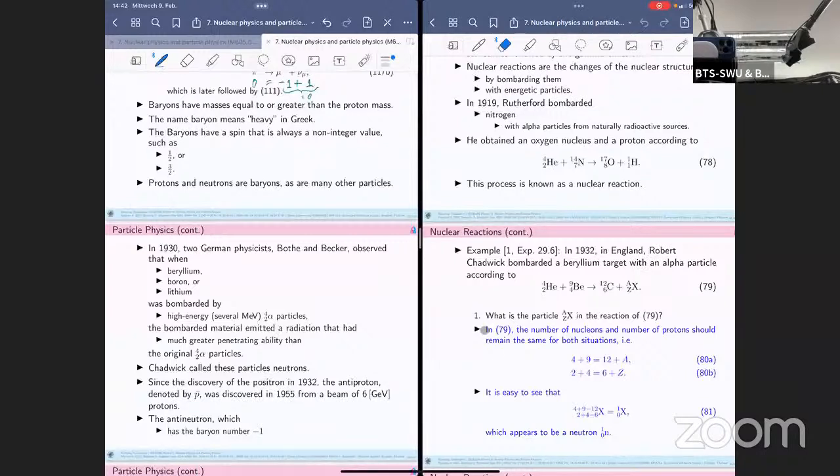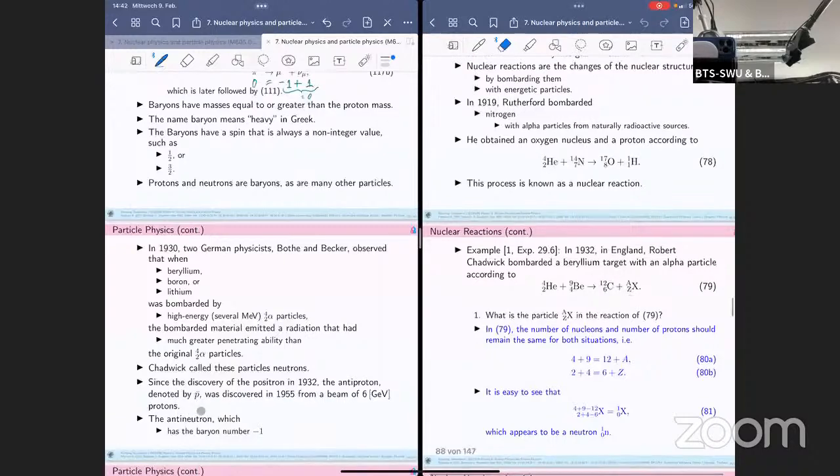And in the same year, he inserted the alpha particle into the beryllium nucleus, and after that he got carbon 12 and a neutron.